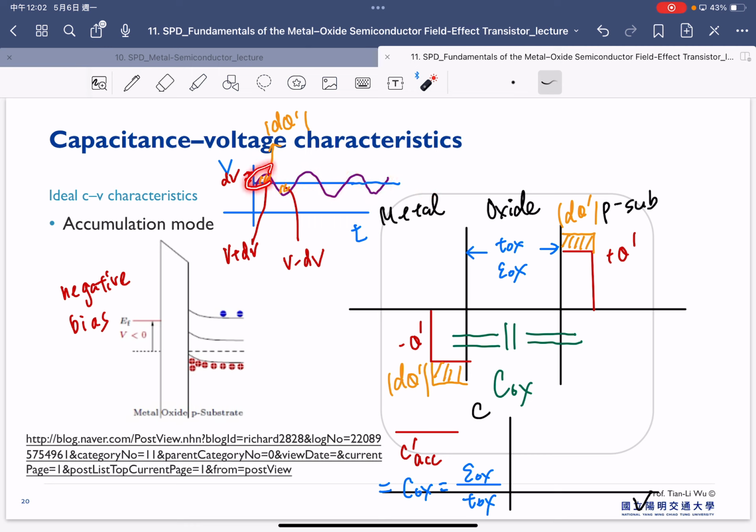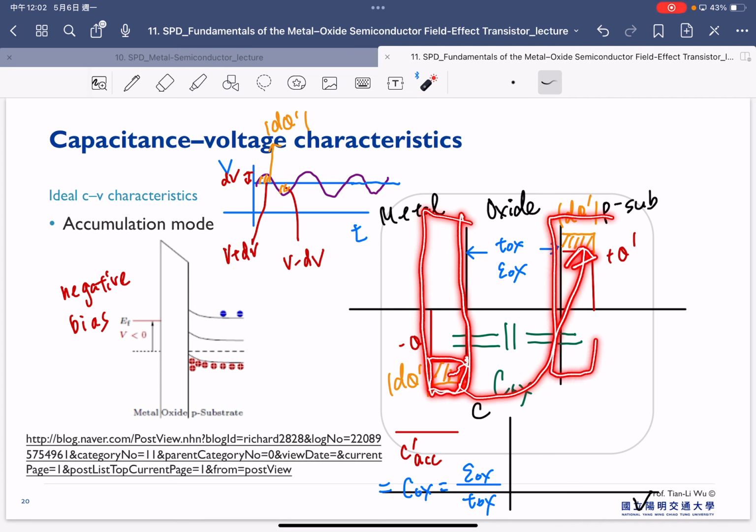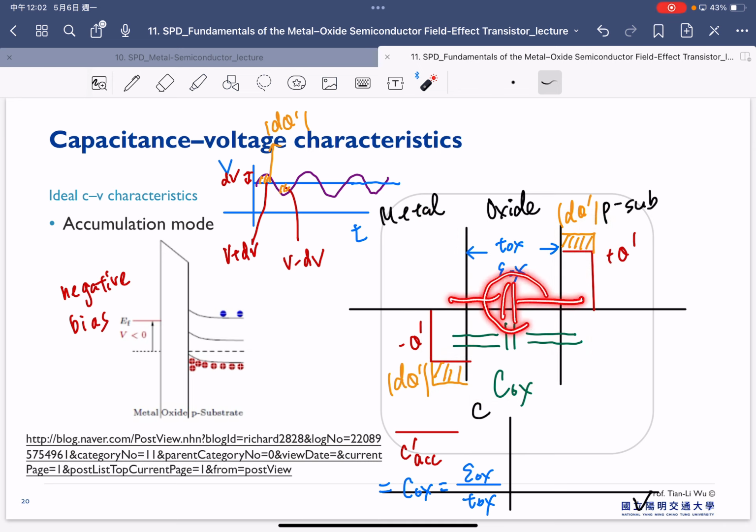And this dynamic AC will start to create the charge difference. For example, at this point you have V plus dV, and that will create the additional decoupling here, which will be reflected in this region. To maintain the charge neutrality, you also reflect to here. Therefore, we have the charge change in this plate and in this plate, and we start to form the capacitance in between, which is exactly equal to our outside capacitance.